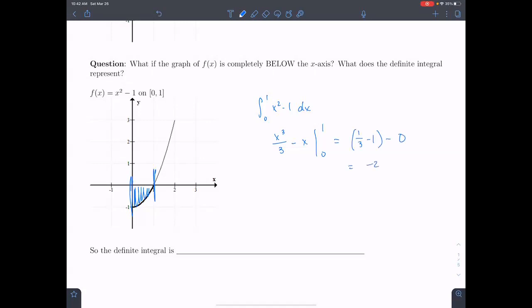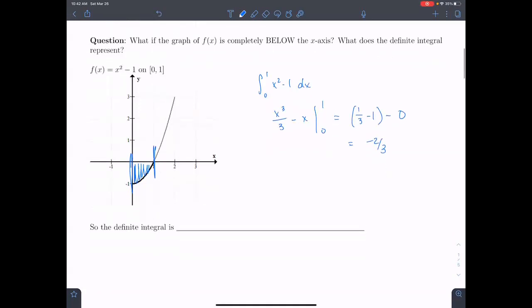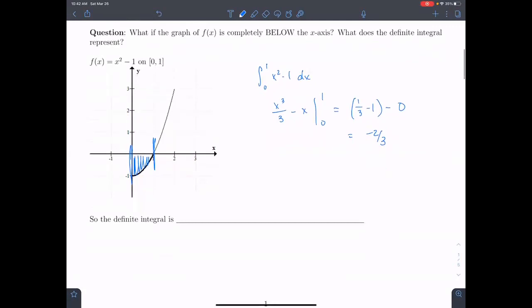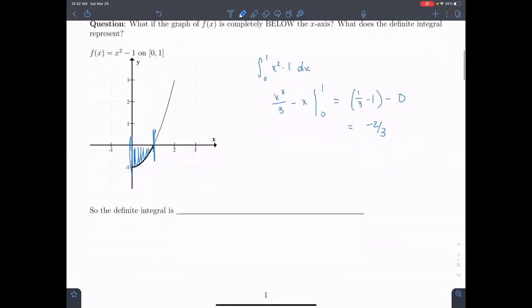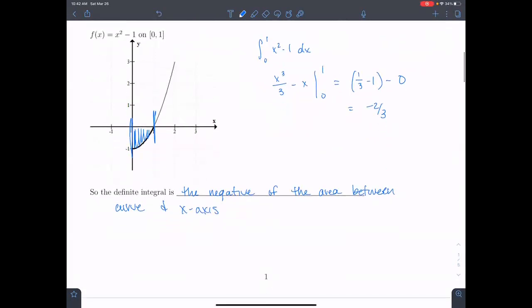So this is negative 2/3. That tells us that the definite integral is the negative of that area between the curve and the x-axis. So that actual area is 2/3.